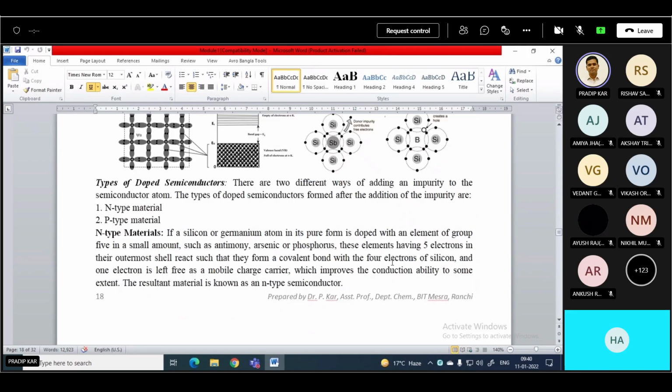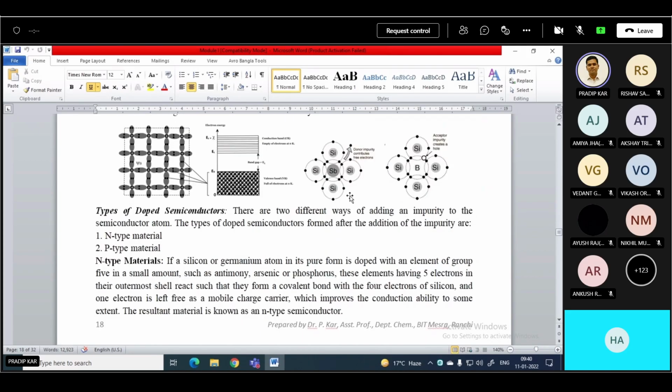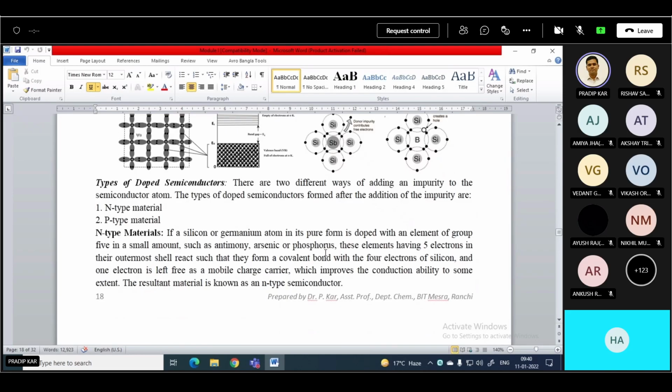Silicon is having 4 electrons and Sb is having 5 electrons. So silicon is sharing 1 electron with the Sb. Now as 4 silicon are surrounded, that gives 8 electrons and 1 extra electron is donated.